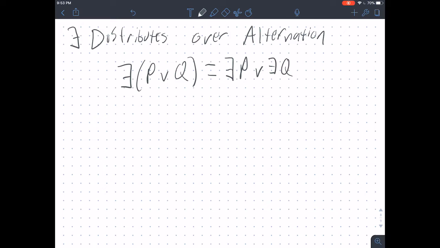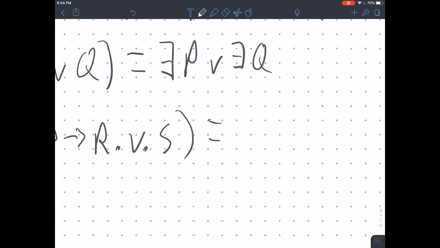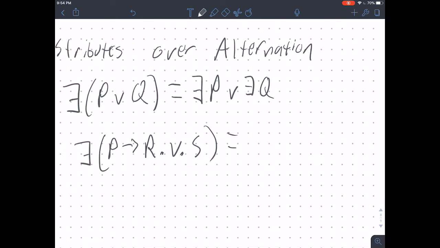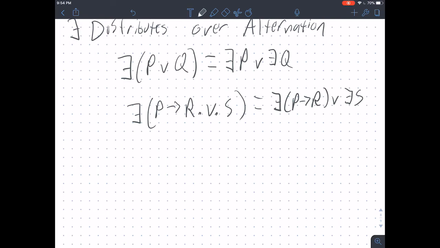Similarly, if we had something like this, this is equivalent to this. And it also goes the other way around.